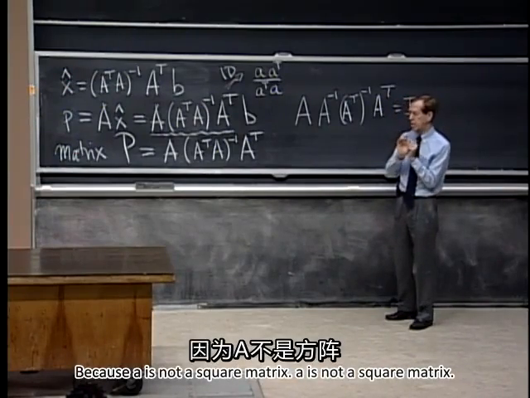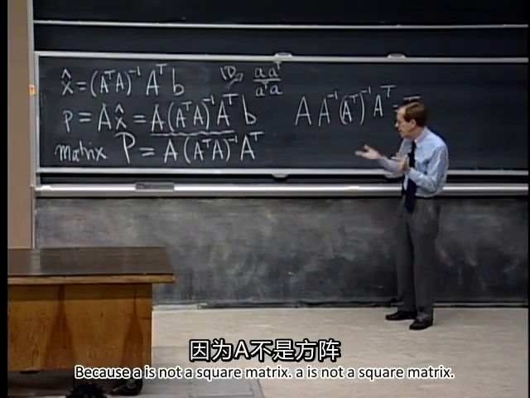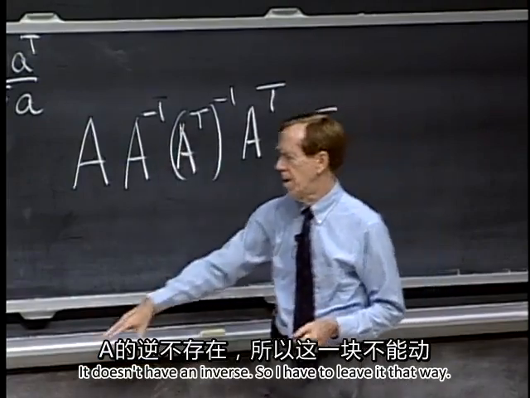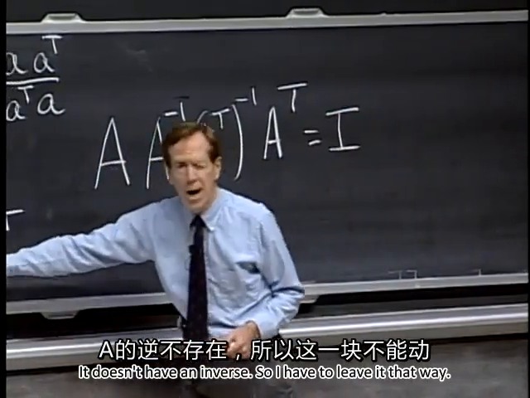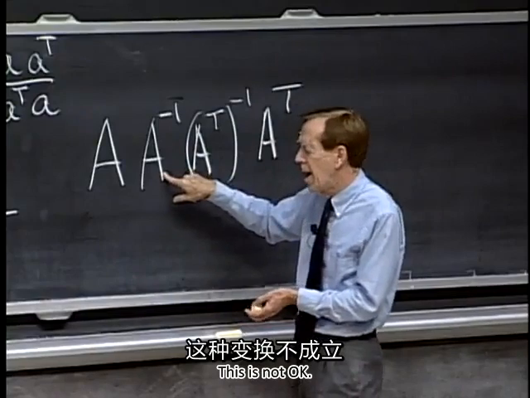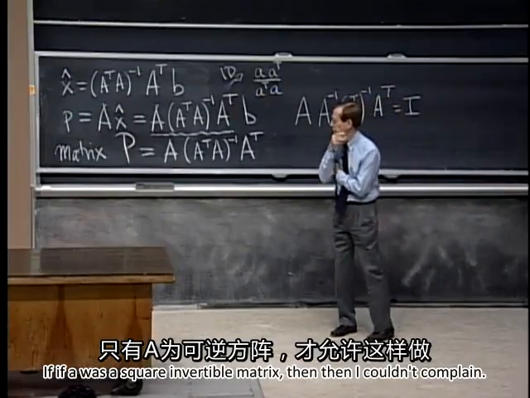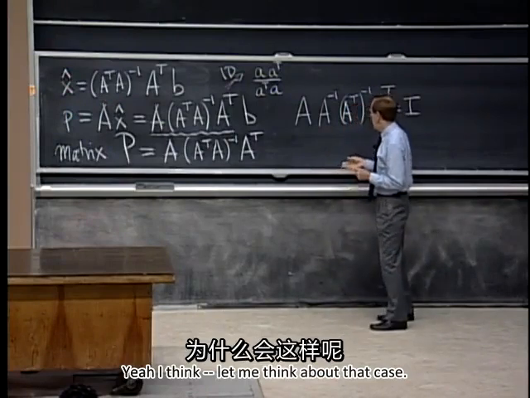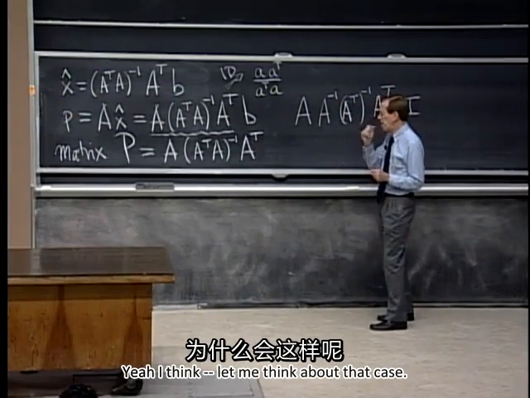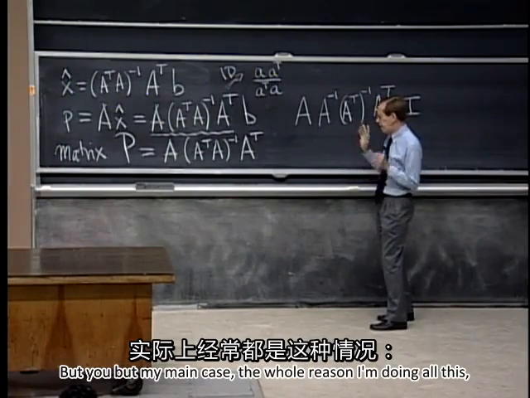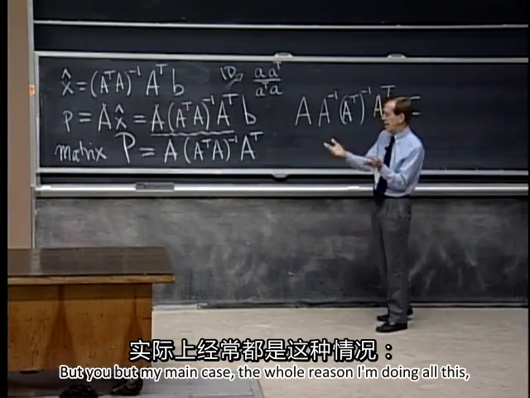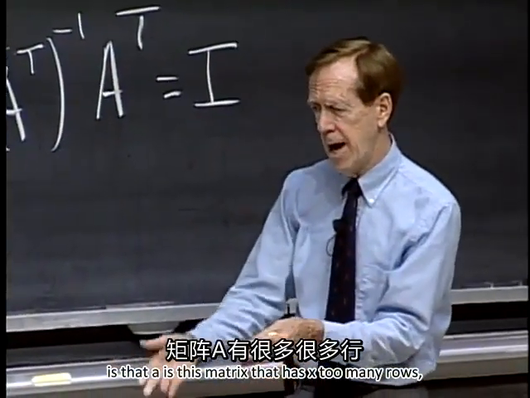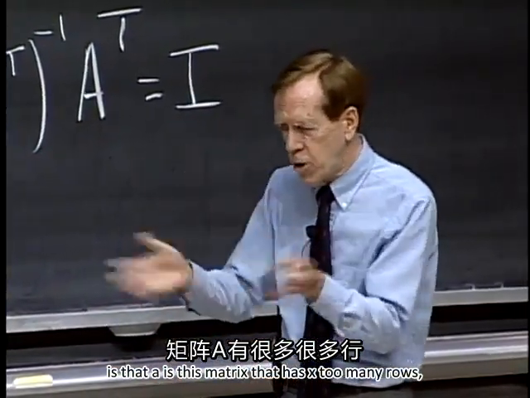Because A is not a square matrix. It doesn't have an inverse. So I have to leave it that way. This is not okay. If A was a square invertible matrix, then I couldn't complain. But my main case, the whole reason I'm doing all this, is that A is a matrix that has too many rows.